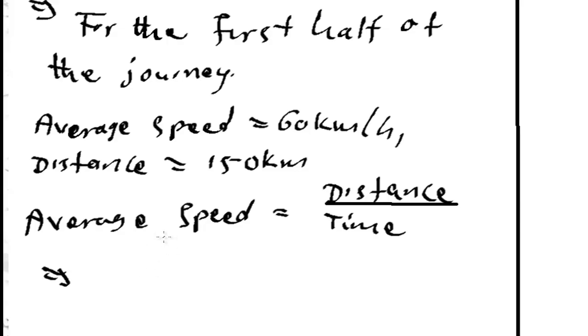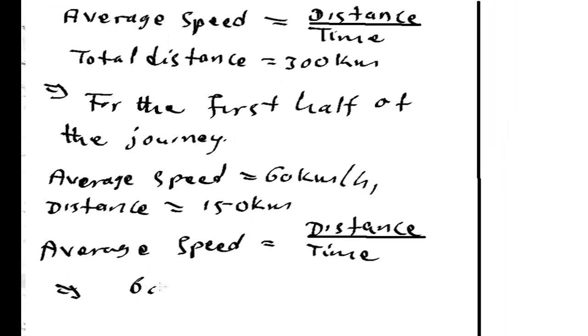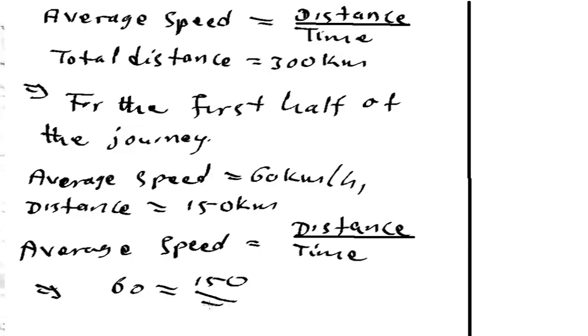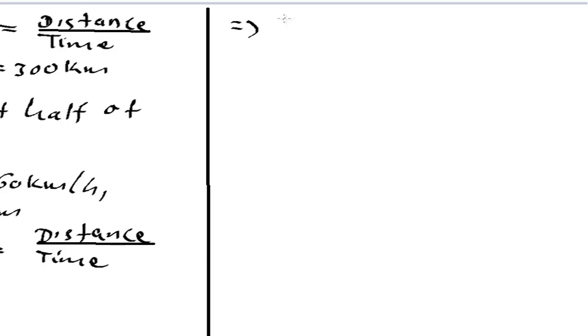Now we can do the substitutions that we know. Average speed is 60, so we can say 60 is equal to distance, which is 150, over time, which is t. So we make t the subject from there, and that means that we cross multiply, and we get 60t equal to 150.